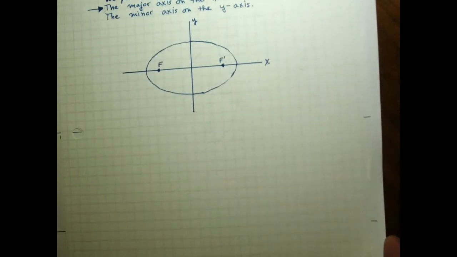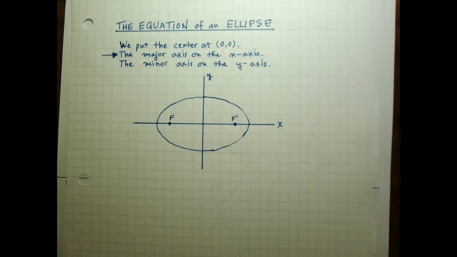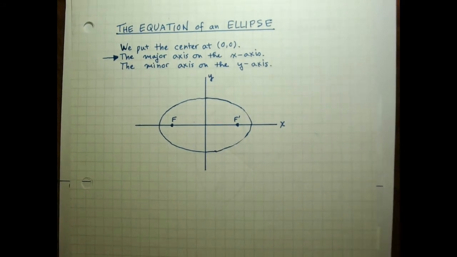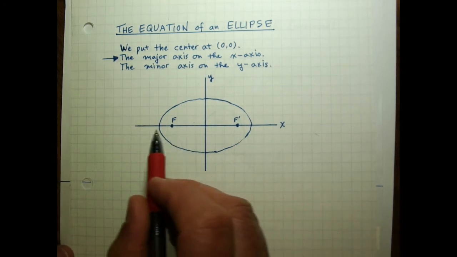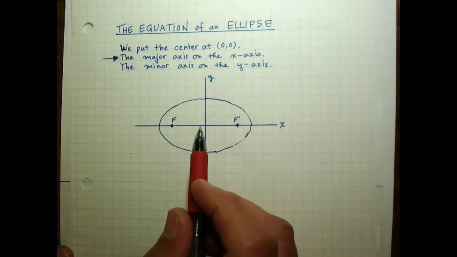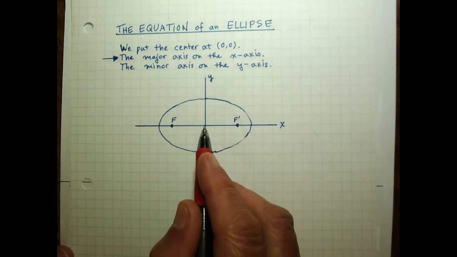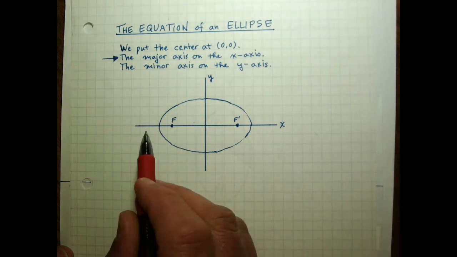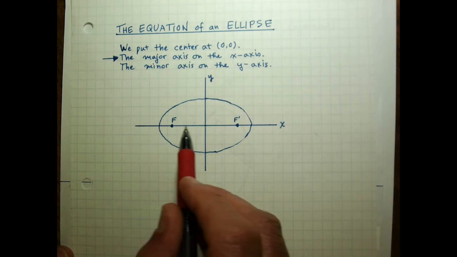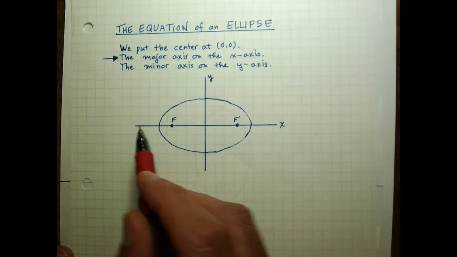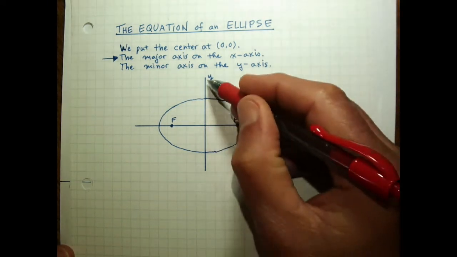Okay. Now what we're going to do is try to see where the equation of an ellipse comes from. And to get an equation, we have to introduce an xy coordinate grid. So I'm going to put the center of the ellipse at the origin, at (0, 0) on my graph grid. I'm going to put the major axis on the x-axis and the minor axis on the y-axis.